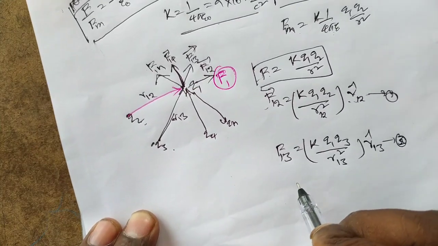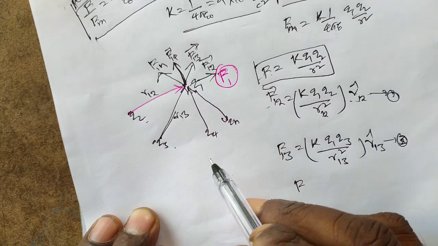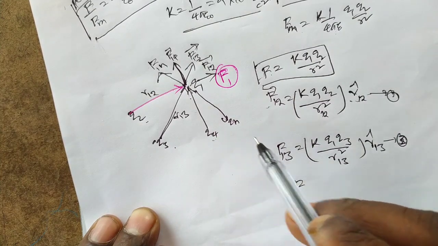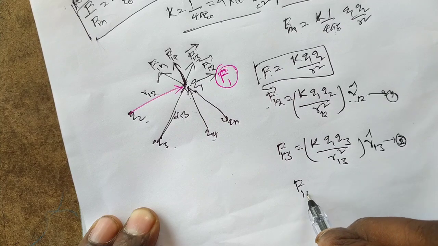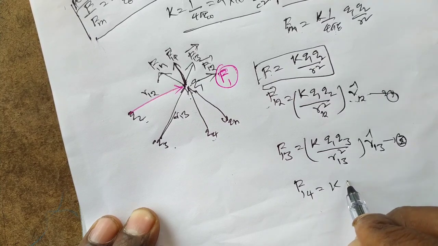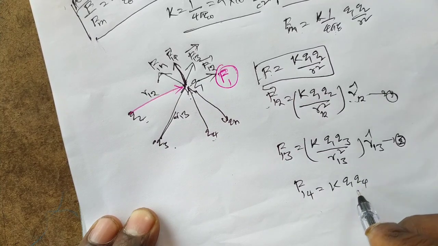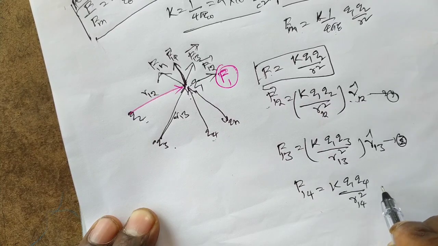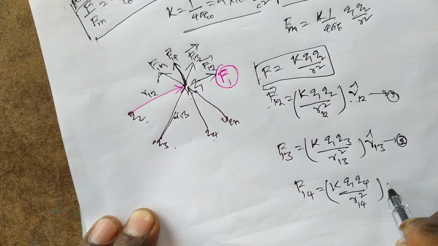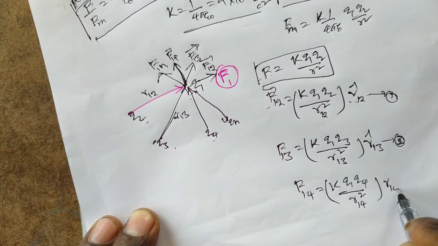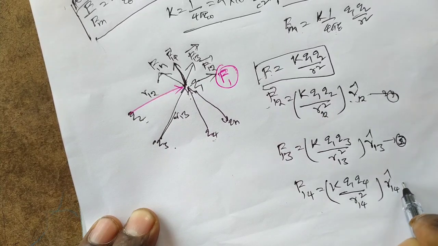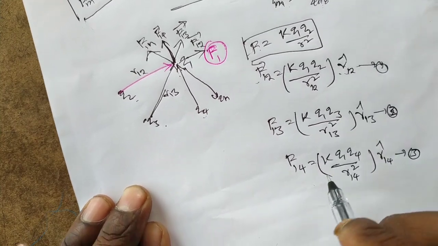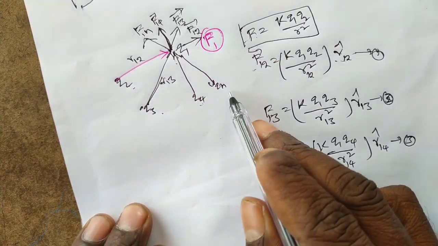So we can write down the next force on Q1 due to the fourth charge, F14, is equal to K Q1 Q4 by R14 square, in the direction R14 cap. That is equation number 3.